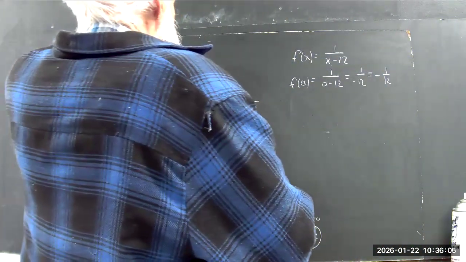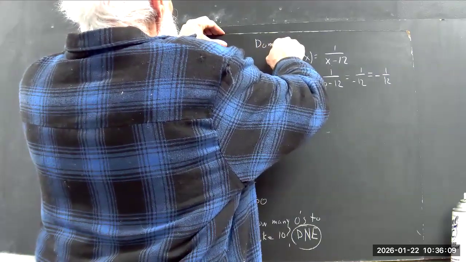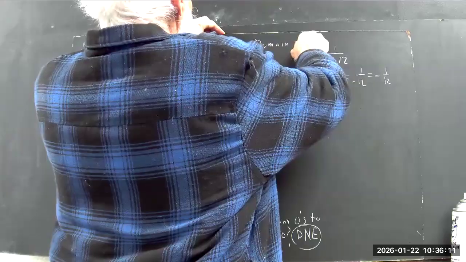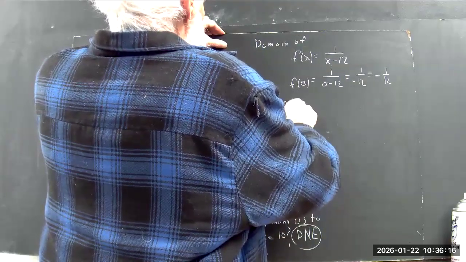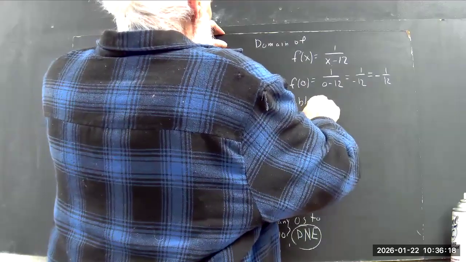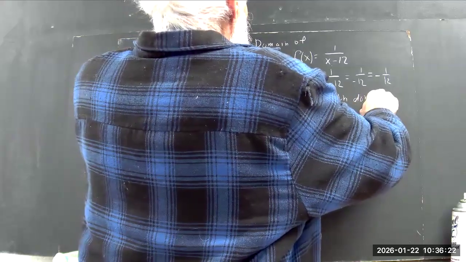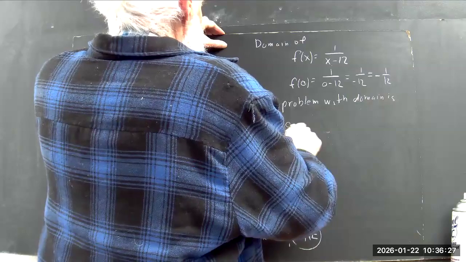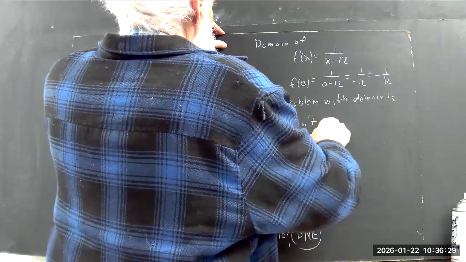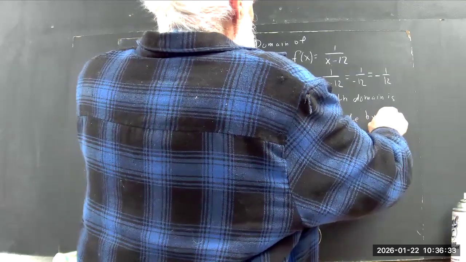Okay, so our reasoning here. The problem with the domain is you can't divide by 0.